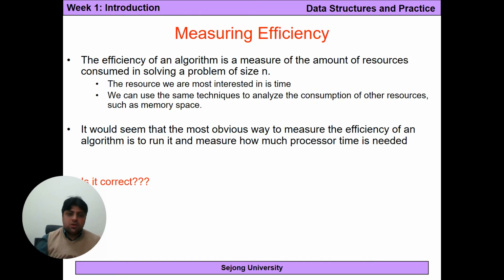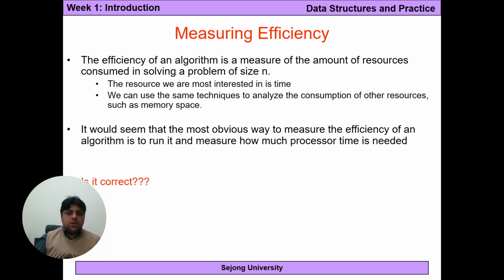As I have given you the example, memory space can be managed somehow with the passage of time. So we can analyze the consumption of other resources based on the same techniques.